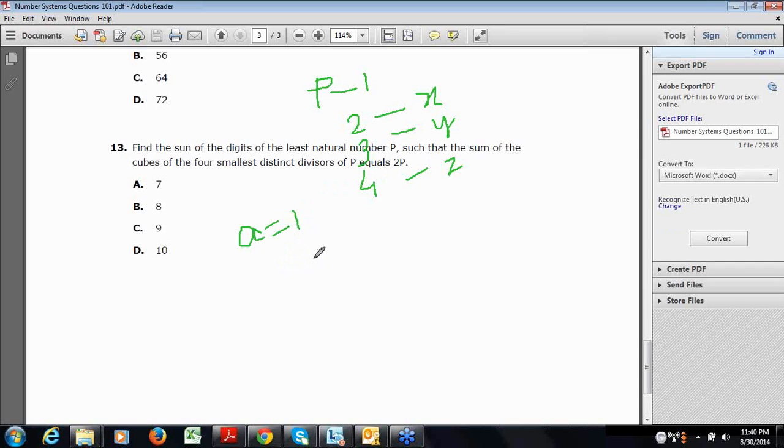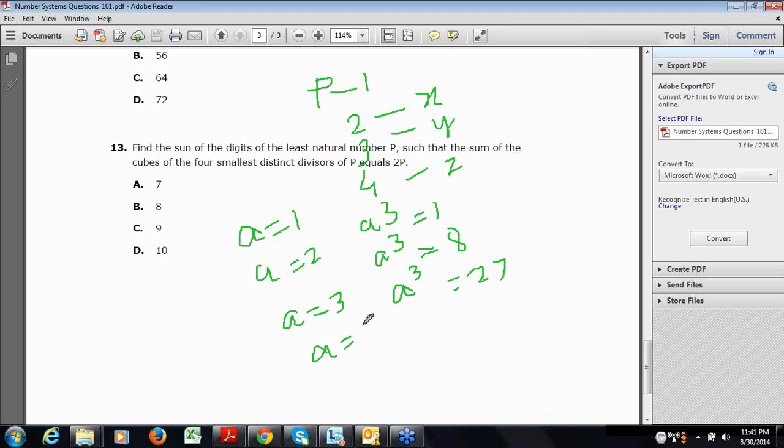Okay. So a is 1. So a cube is 1. Now a is 2. A cube is 8. A is 3. A cube is 27. A is 4. A cube is 64.